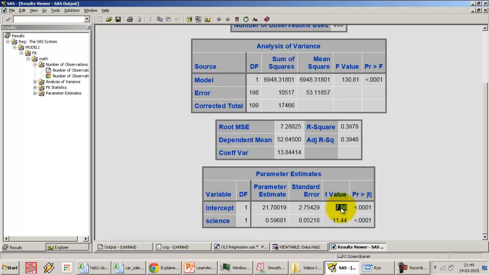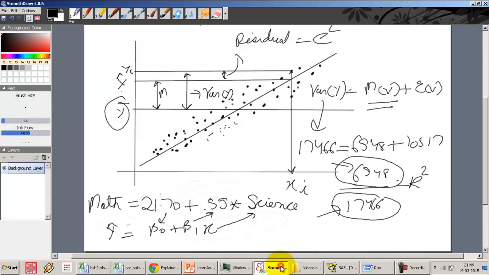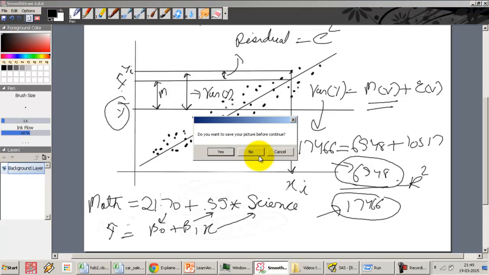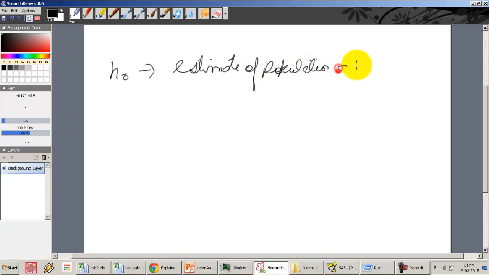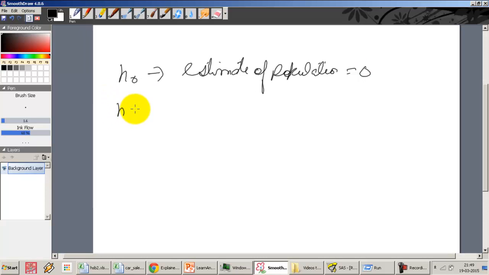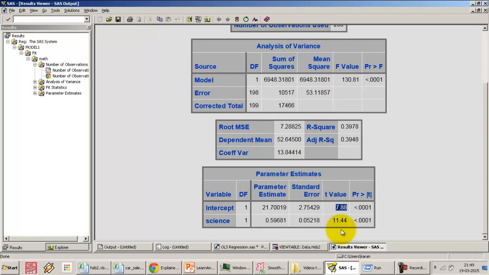So if a one sample t-test is carried out, the H naught here is that the population estimate is equal to 0, and HA is that the estimate is not equal to 0. I.e., the H naught is that there is no linear relationship between science and math. The alternative is that there is a linear relationship.